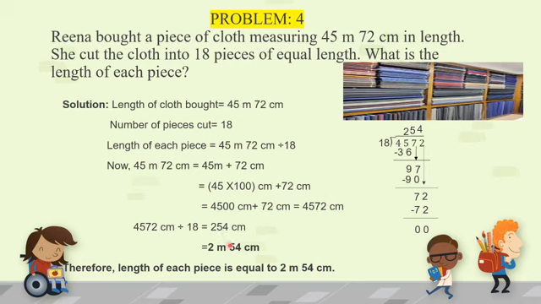So 54 will be represented in centimeters, and the number left out, which is 2, will be written as meter. Therefore, the length of each piece is equal to 2 meters and 54 centimeters.